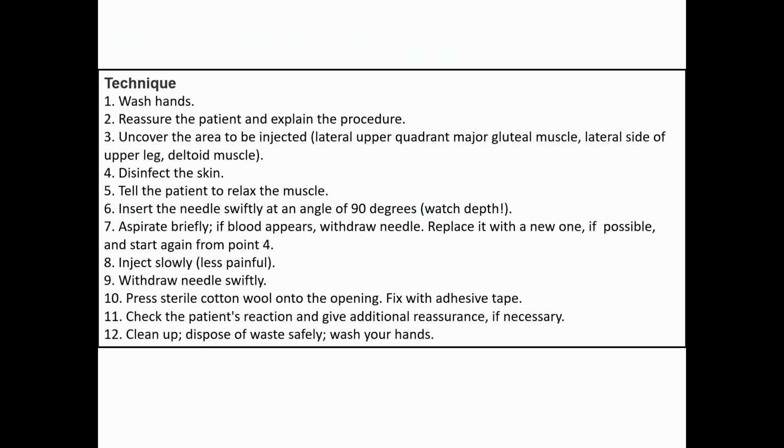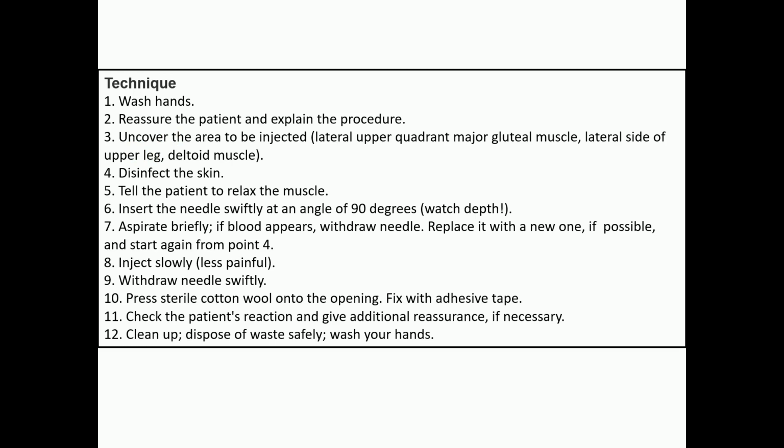Now the technique of the intramuscular injection. There are about 10 to 12 steps. First of all, thoroughly wash the hands, then reassure the patient and explain the procedure, whether intramuscular or intravenous injection. Then the injection site: deltoid region, gluteal region, or vastus lateralis region.